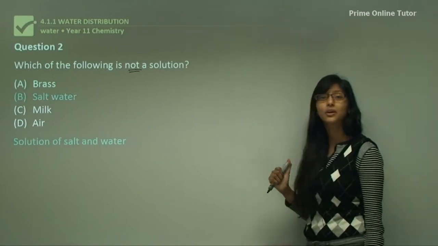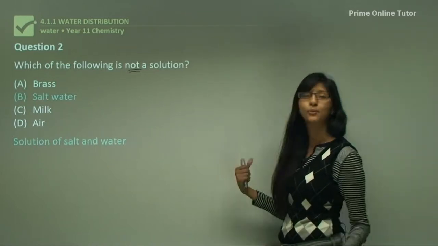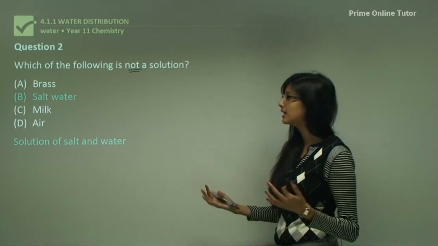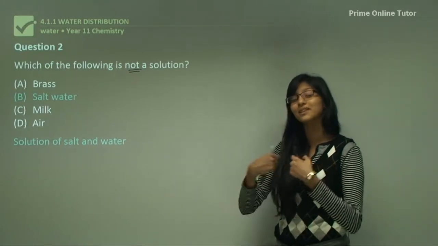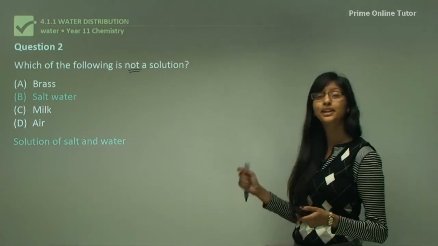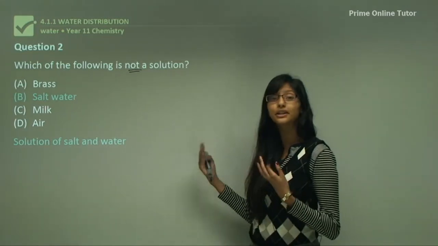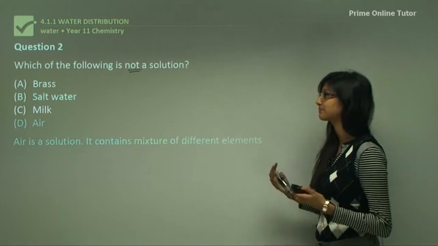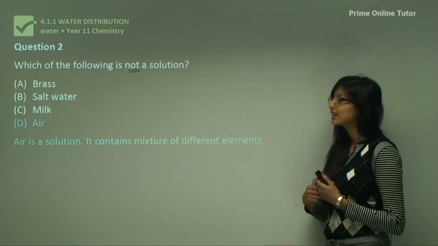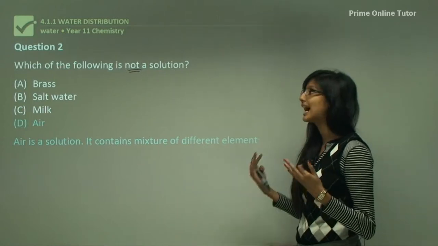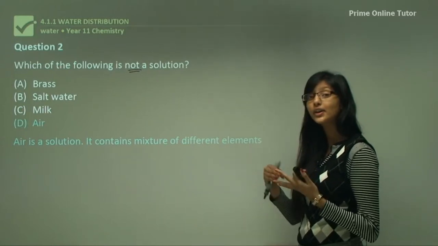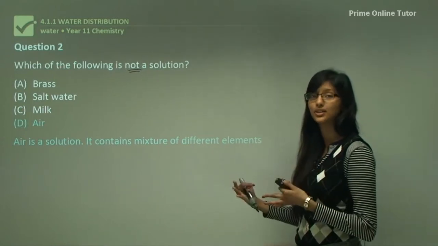So let's look at salt water. This is from our example, and if you can remember, salt water is a solution which has salt and water mixed together. Therefore, B is not an answer again because it is a solution. What about air? Air is a gas, but it is highlighting the point that although it is a gas, it is still a solution.